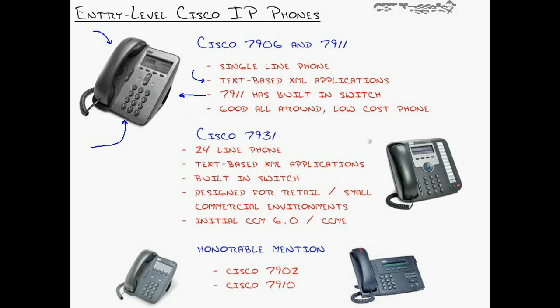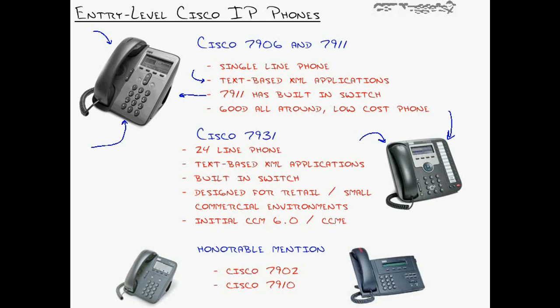The 7931, this is one of the newest phones to the lineup. It's right here. This is one with 24 lines. Now, the reason I say this is part of the entry-level Cisco IP phones is because it's primarily meant for retail centers and commercial environments, where you have a receptionist that has the 24 lines and she's directing calls to wherever they go, or everybody's got the same phones and they're seeing all the lines on all of them.